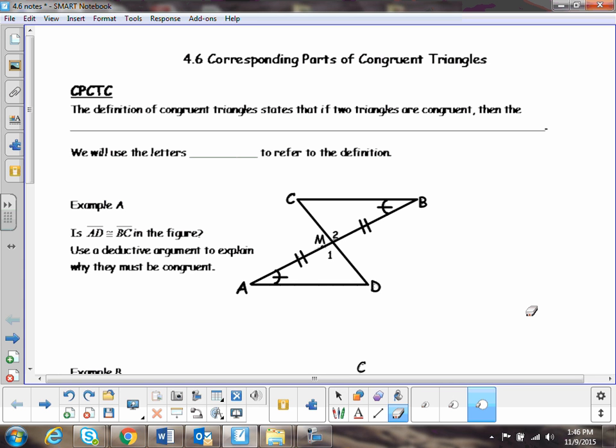Okay, so this is focus on corresponding parts, and today we're going to do proofs. Let's just write that down again.